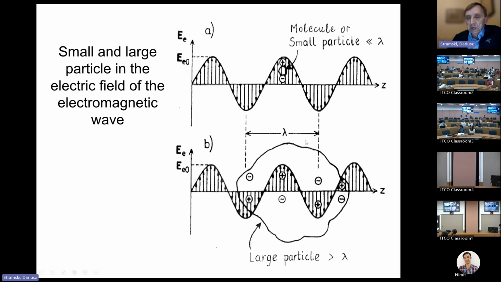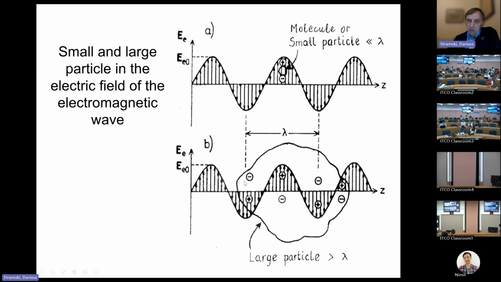incident field. In contrast, the scenario becomes much more complicated if we have a much larger object, a larger particle, here shown, a particle that is in size comparable to the light wavelength. So you can see that different portions of that particle, that object, are experiencing at any instant of time different electric fields.